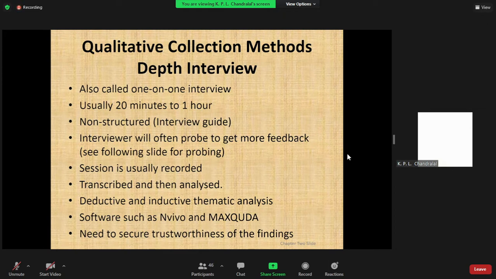It could last maybe 20 minutes, 1 hour, depending on the problem that you are examining, or the interview can extend to around 2 or even 3 hours, depending on how the interview is going and whether the participant is willing to reveal their opinions.